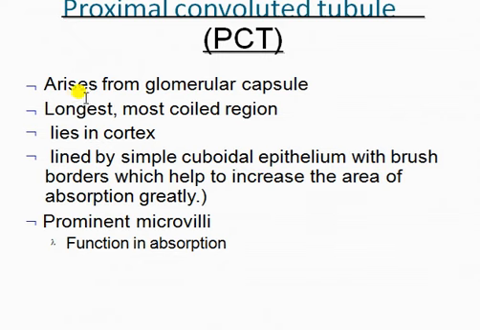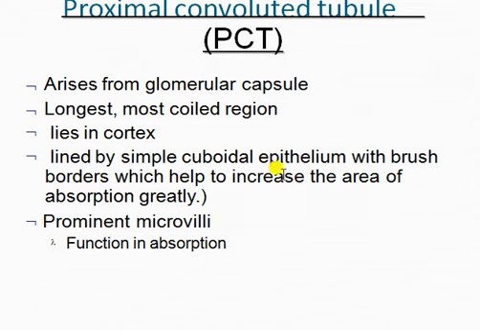The proximal convoluted tubule arises from the glomerular capsule. It is the longest, most coiled region, lies in the cortex, and is lined with a simple cuboidal epithelium with brush borders, which greatly increase the area of absorption.